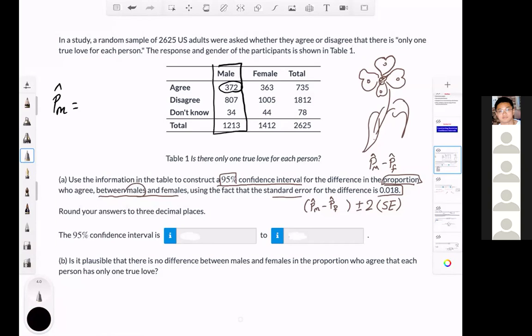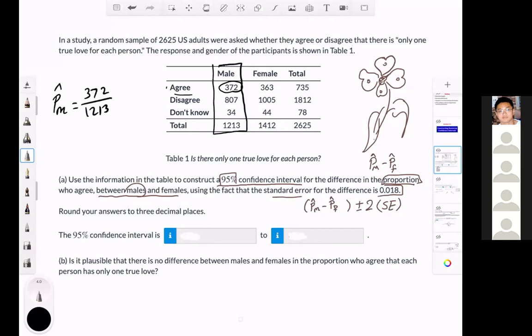They said the difference in proportion between male and female. For male we have 372 divided by 1213. If you do this, that means male and female agreed.